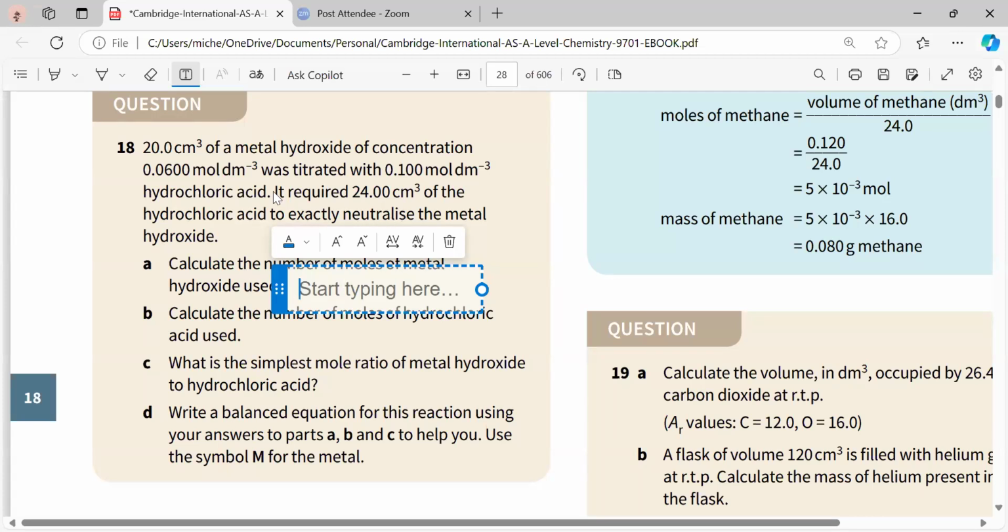Okay, sorry about that. So the moles is concentration times volume. So the concentration is 0.0600, and we're going to times that by the volume. The volume is 20, and 20 divided by 1000 would be 0.020.